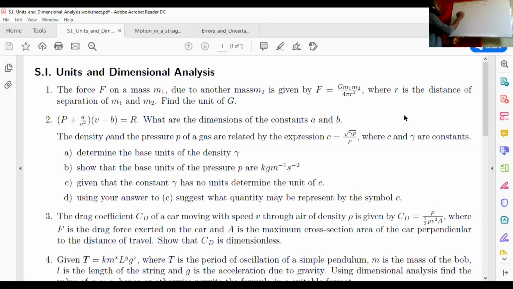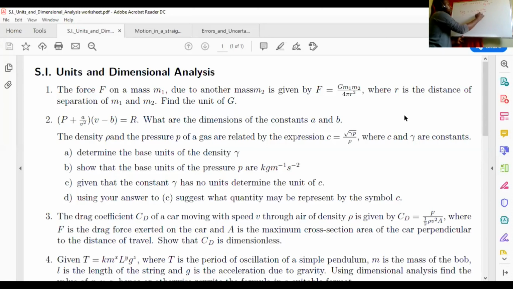All right, let's write this like this to make it easy if we're going to cancel something. It is equal to, so your G is unknown, so we're going to write back the G there, multiplied by M1, the unit of M1 is kilogram, times M2, kilograms again, over the 4 pi is a constant, so we ignore that, over r squared.